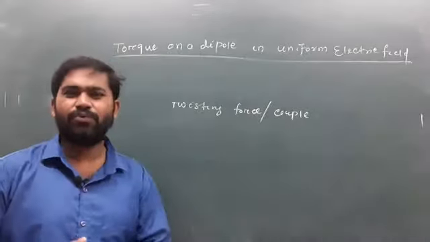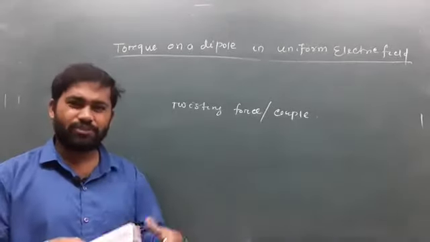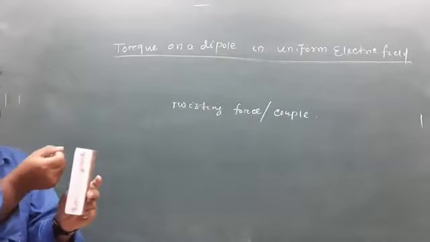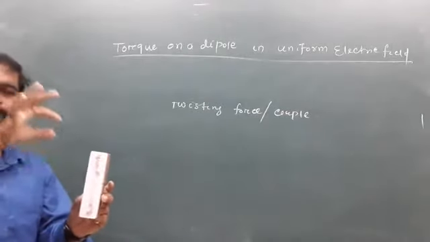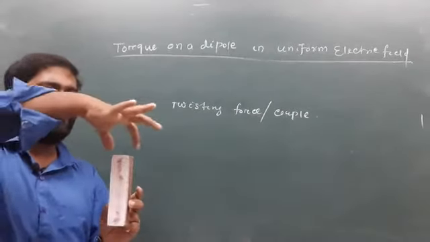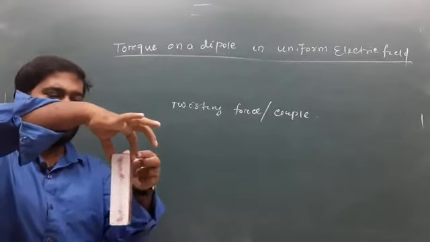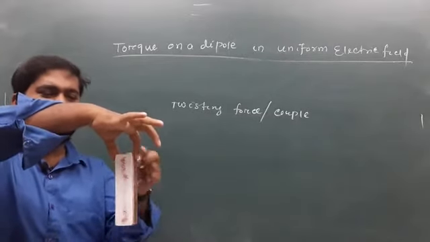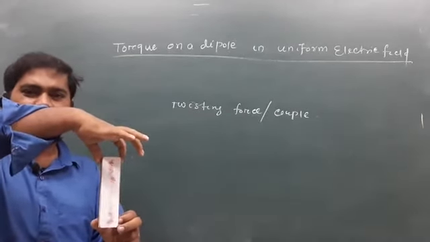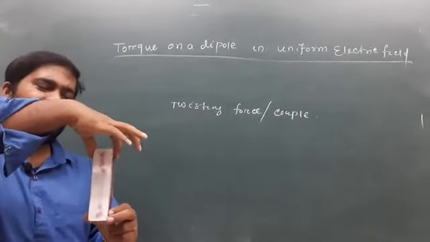Suppose I consider this one is a duster and I want to rotate that duster. In order to rotate the duster, I have to act with two different forces on two sides in order to make twisting.